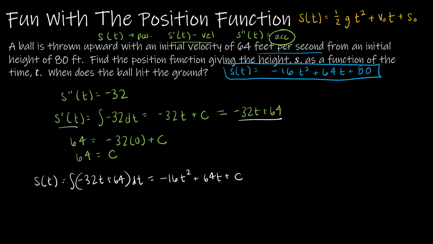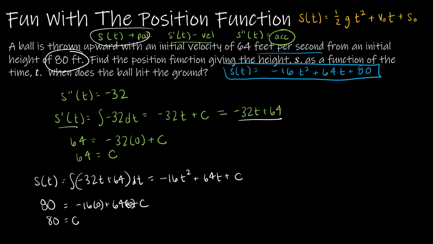And now the position, I have that at time 0, the starting height is 80 feet. So I'm going to say that 80 is equal to negative 16t squared plus 64t plus c. And then, I'm going to replace t with 0, which gives me that 80 is equal to c.